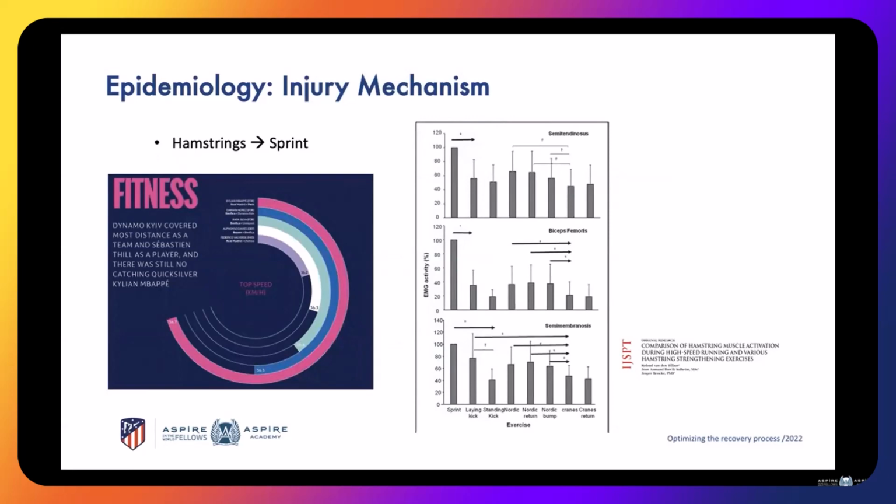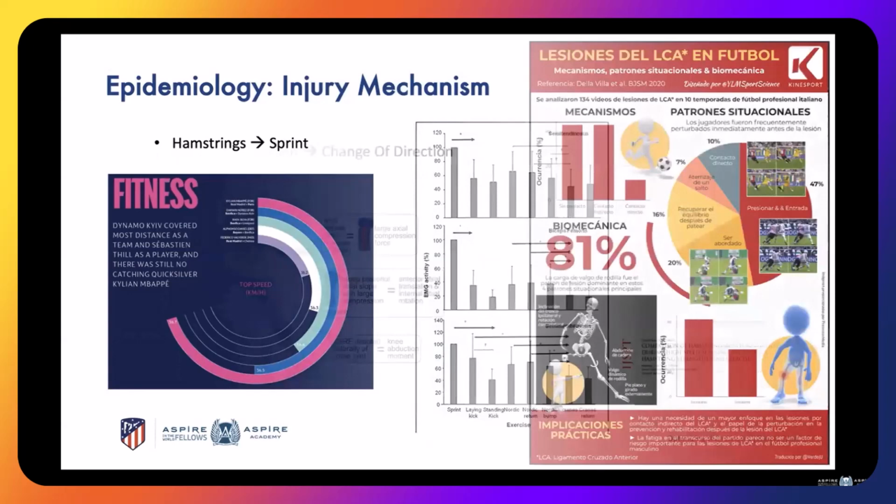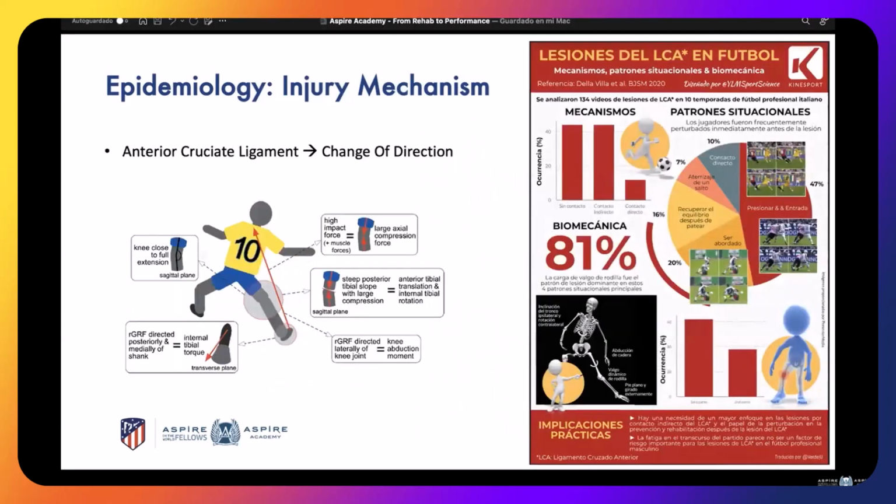So based on that, we know that the end of our rehab process has to end in that specific injury mechanism, in this case, max velocity. The same can be applied for the ACL ruptures. At first we saw the injury mechanism for the most common injuries, which are hamstring injuries.